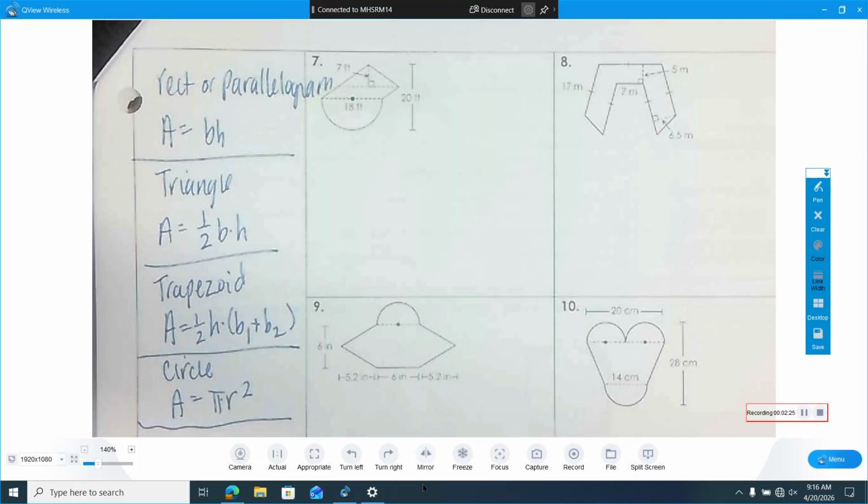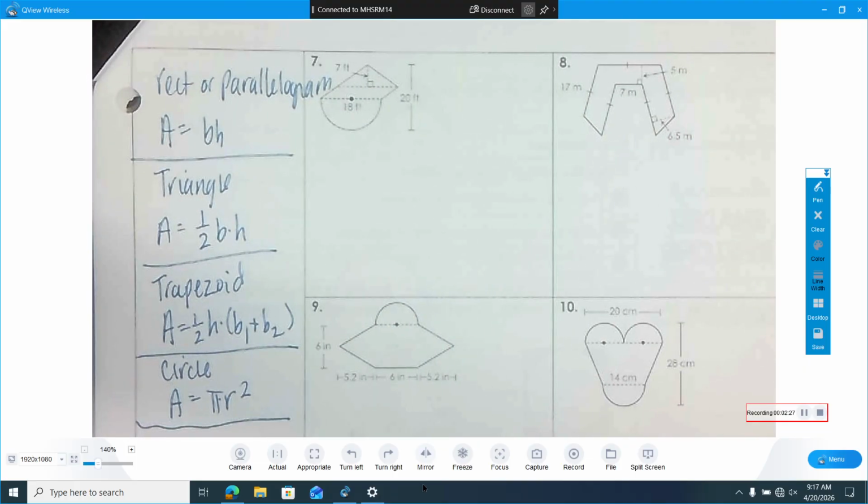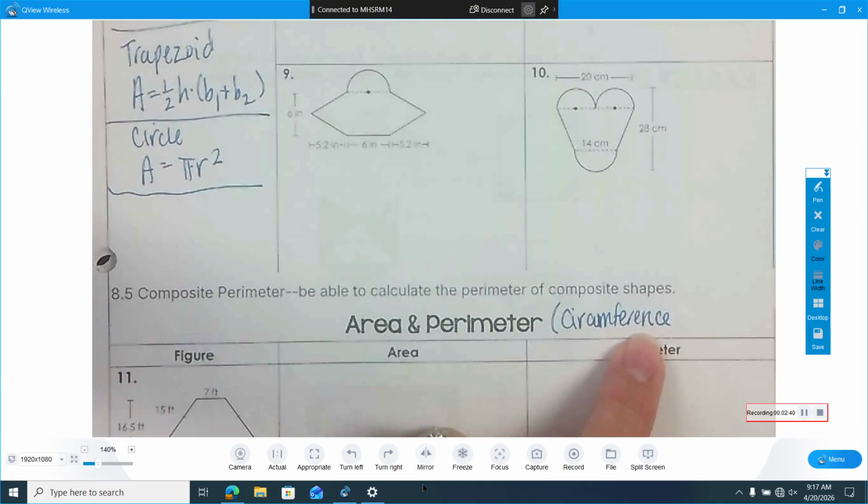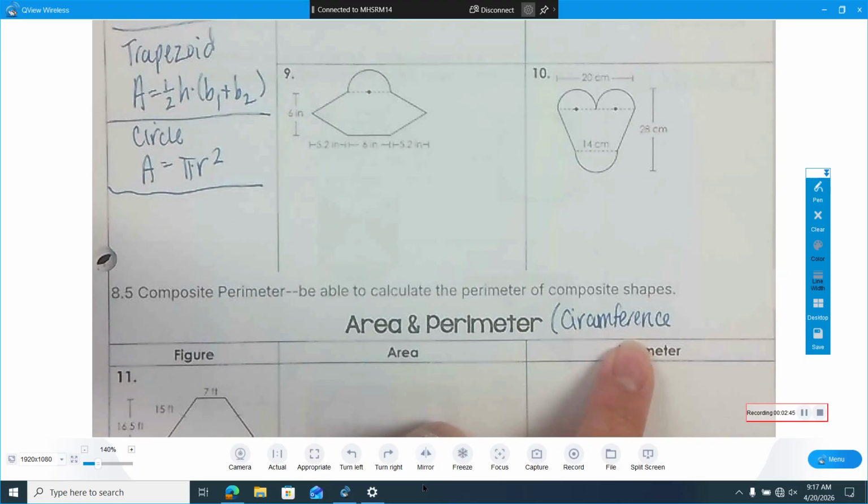So I do want to remind you also what circumference is. C-I-R-C-U-M-F-E-R-E-N-C-E. Okay, circumference is like the perimeter of a circle. It's the outside of a circle.